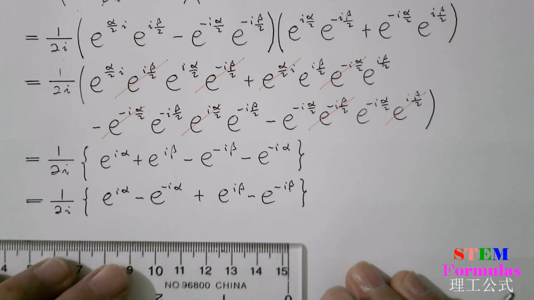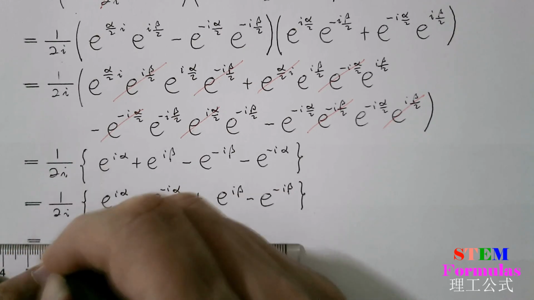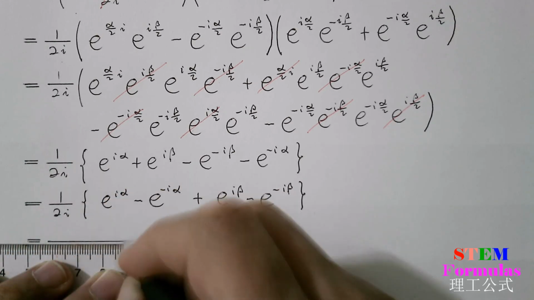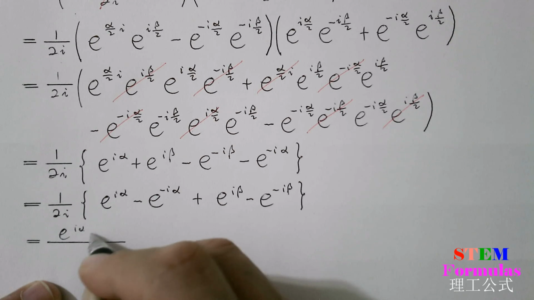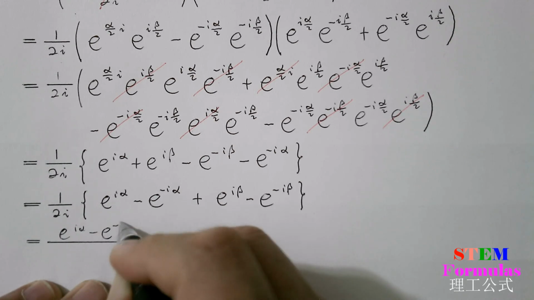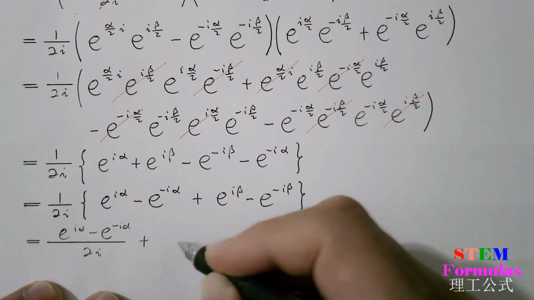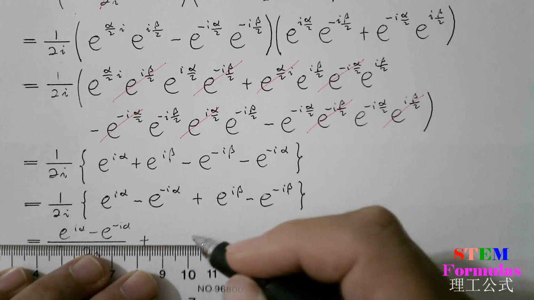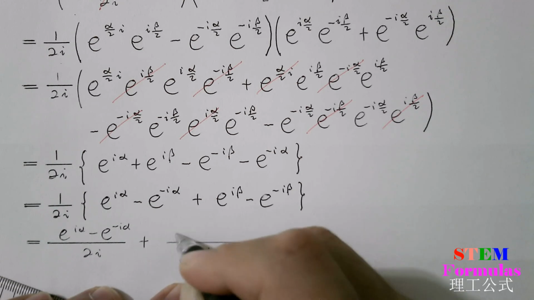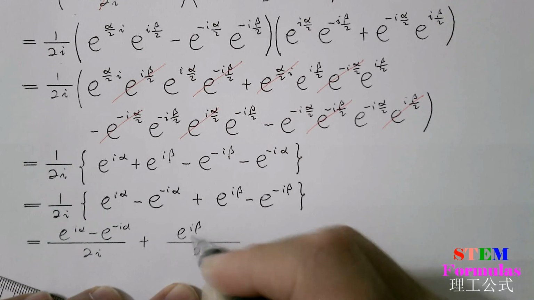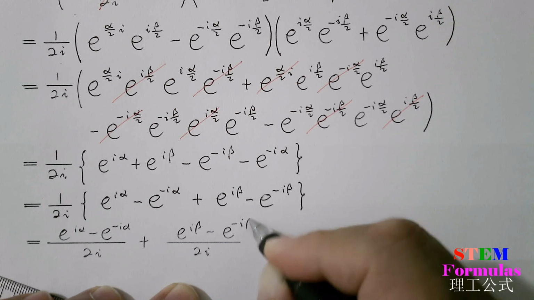So this equals (e to the I alpha minus e to the minus I alpha) divided by 2I plus (e to the I beta minus e to the minus I beta) divided by 2I.